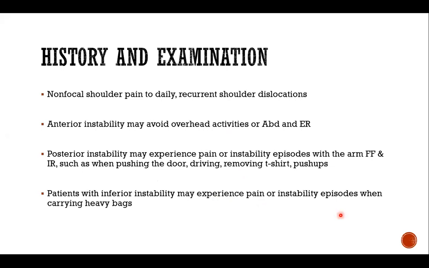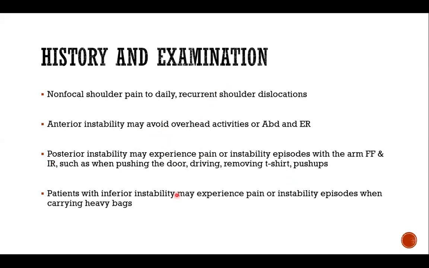Coming to history, the patient may report multiple episodes of dislocation or subluxation and might be associated with non-focal shoulder pain or recurrent shoulder dislocations. So it can vary, and features might be anterior instability, where apprehension is seen during abduction and external rotation or overhead activities. Posterior instability is experienced where the arm is in forward flexion and internal rotation, a position seen while pushing a door, driving, trimming the t-shirt, or doing push-ups.